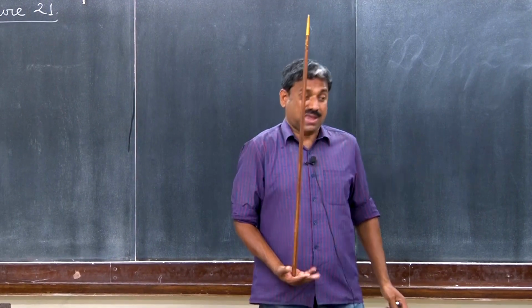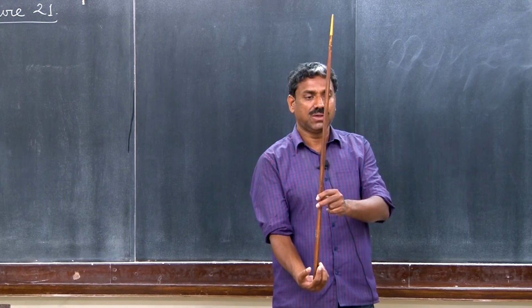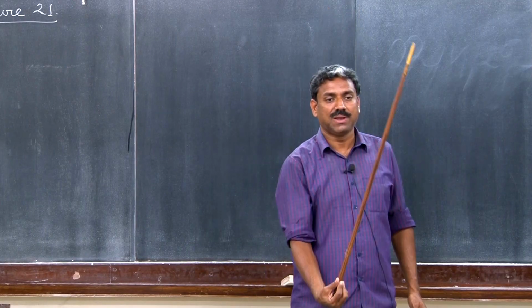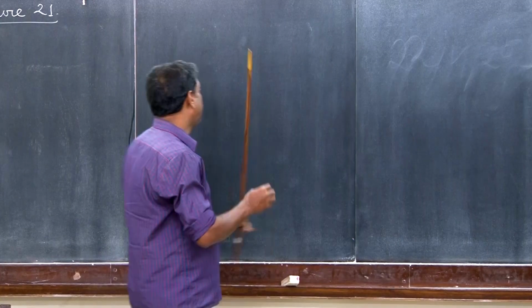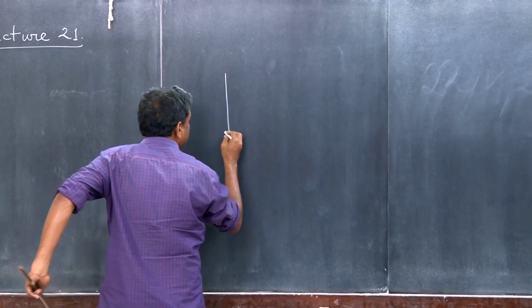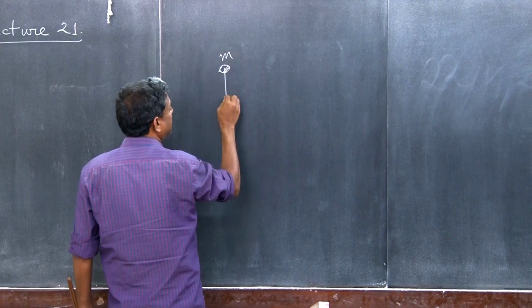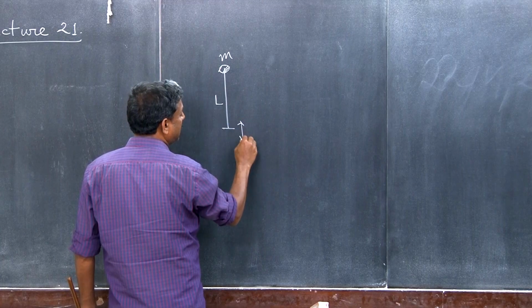So for stabilization of this stick against falling, I have to move it in the vertical plane. Here was the simple model that we considered: the mass, a rigid rod of length L, and then we are giving excitation here.